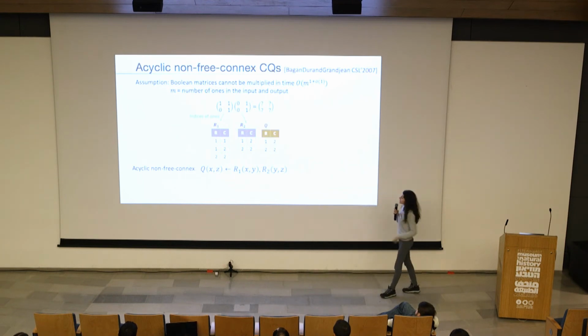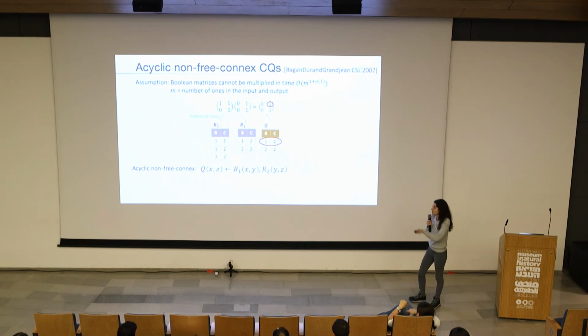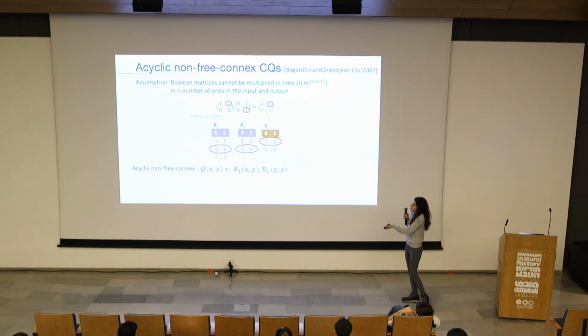And then this query computes this result that we use to represent the indices of the ones in the answer. And basically, this is exactly the definition of Boolean matrix multiplication. We have 1 in index 1, 2, and it can be explained by the ones in indices 1, 2, and 2, 2.